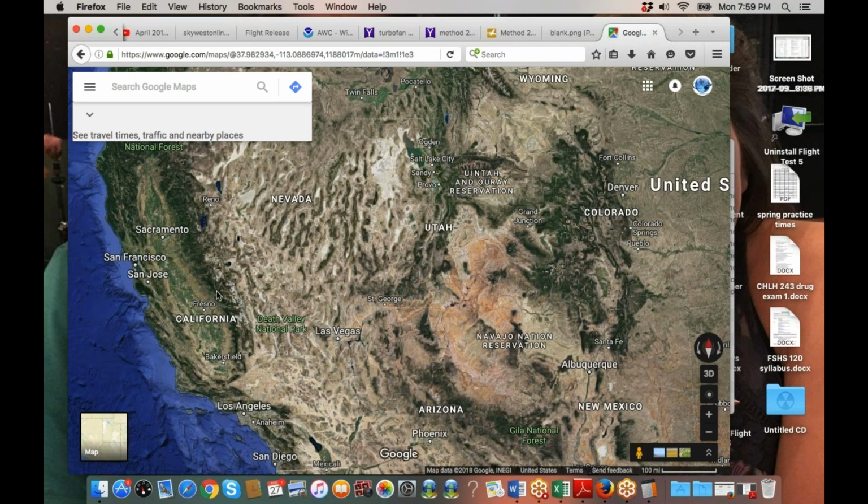Until we get to about here, if we have engine failure, we go back to Fresno. We don't try and make it over these mountains and then over these mountains and over these mountains. If we have engine failure, we just go back to Fresno. This is how we plan it, that is. In real life, they're probably just going to land at the nearest airport.